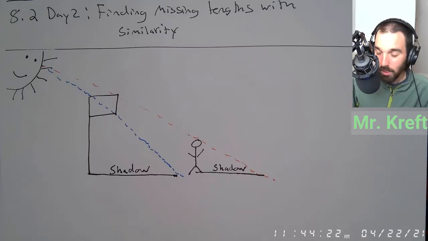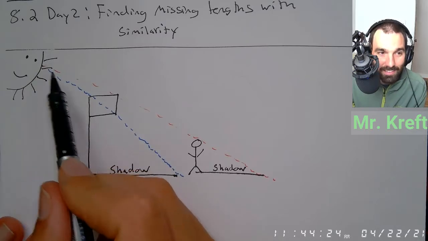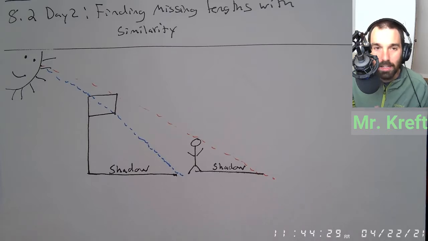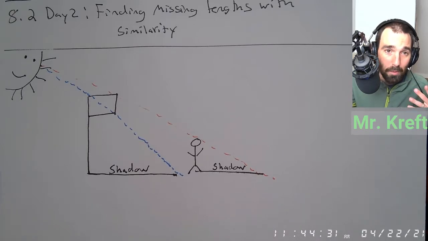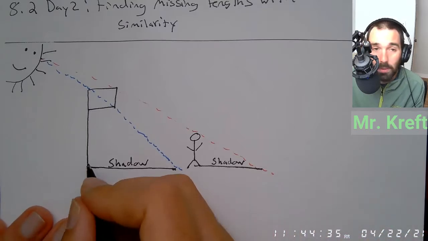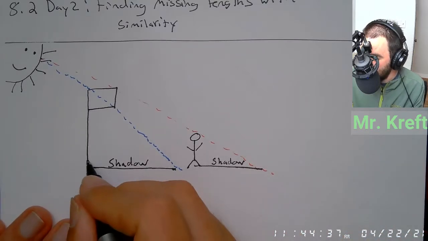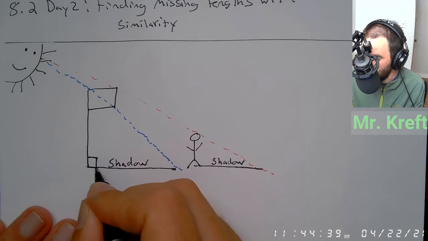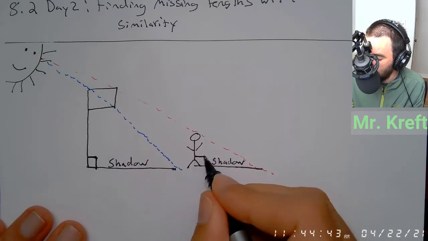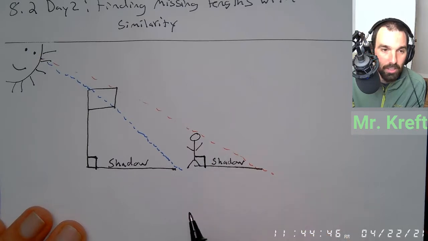We doing okay? So what you can see is that these light rays create two triangles. Now, you're like, but are they similar? It turns out we have to make one assumption, and that is the flagpole is straight up and down, which means this is 90 degrees, and we're going to assume that we're standing straight up.